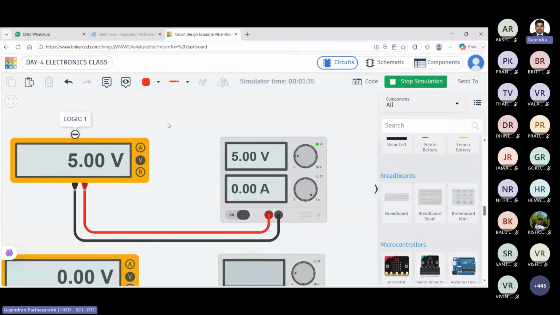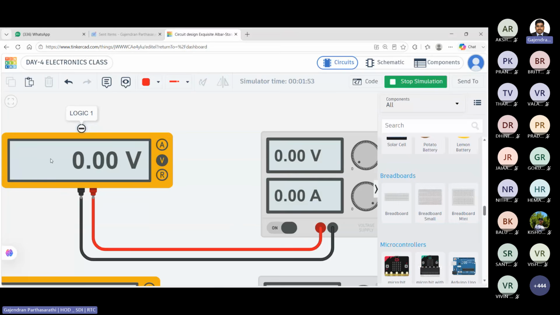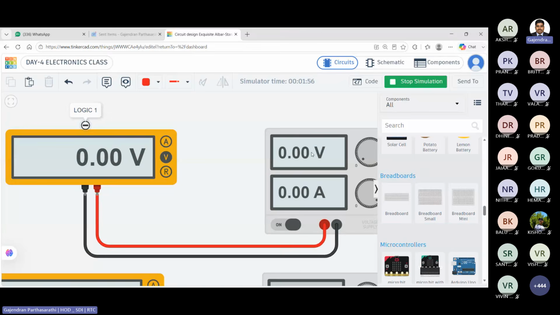Here I am going to do one more concept. Now you tell me what I am doing. Please see. Now the system is giving 0 volt. Then I am slowly varying to some level. Observe only the voltmeter reading and tell me what it is.